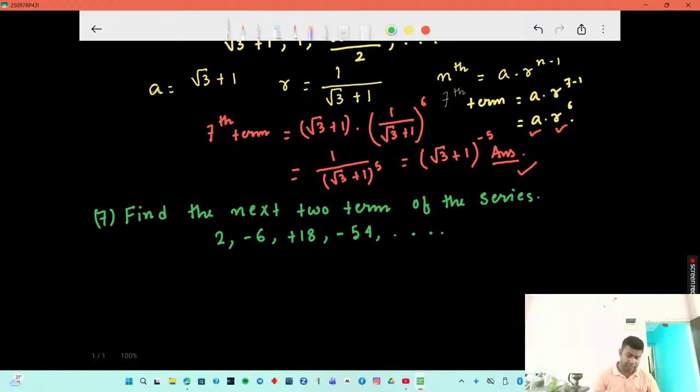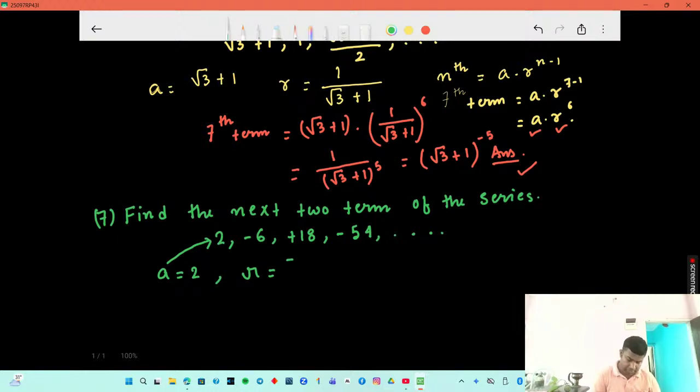So here the first term is 2, A is equal to 2. You can see that the first term of the series is 2 and it is given in the question itself. And what is R? R is the value which we get by dividing the next term with the previous term.